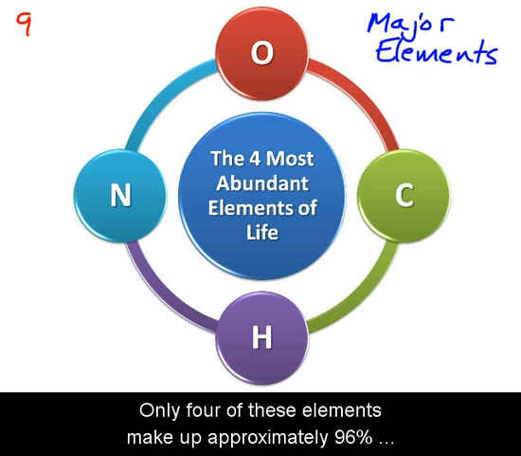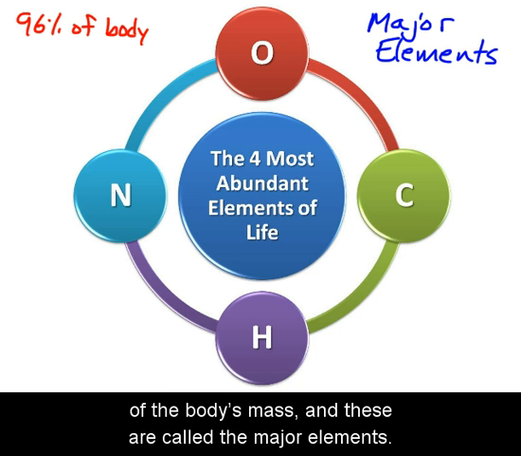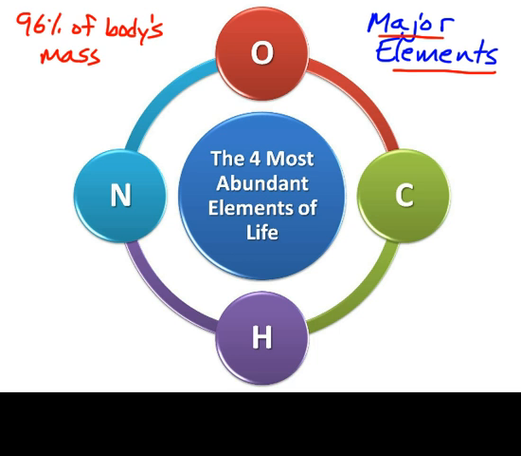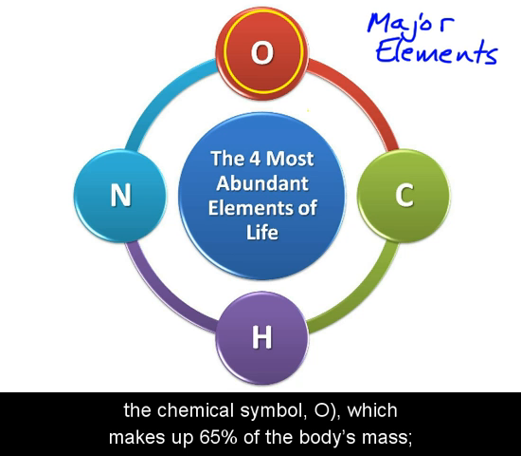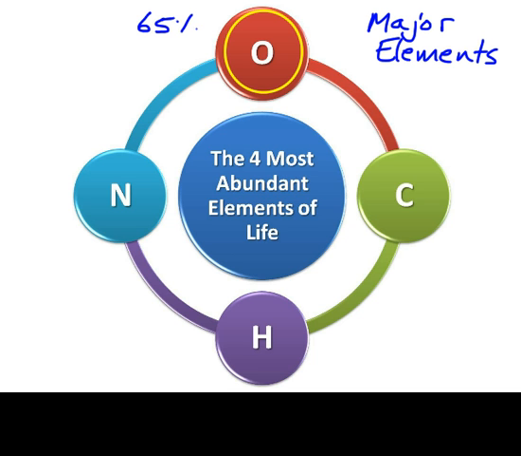Only 4 of these elements make up approximately 96% of the body's mass, and these are called the major elements. These 4 most abundant elements are oxygen, having the chemical symbol O, which makes up 65% of the body's mass.